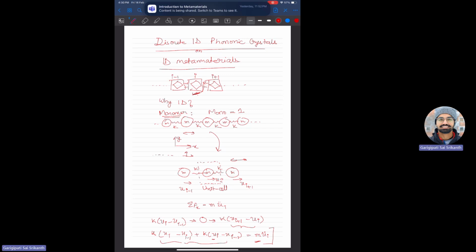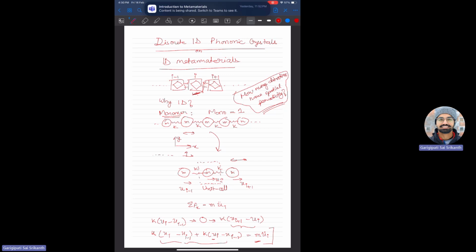So that is something to consider. The next thing is, within each unit cell, how many degrees of freedom are there?